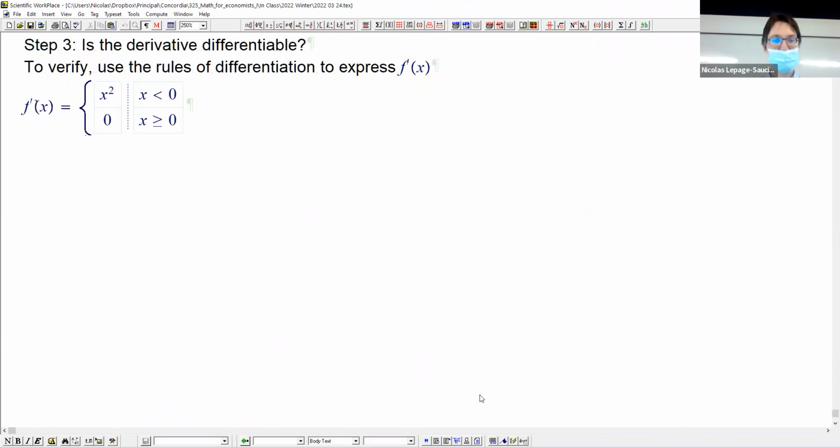So f prime of x on the negative side of x, this is this part. If I take the derivative, I get x. And if I take the derivative on this side, I get 0. All right.